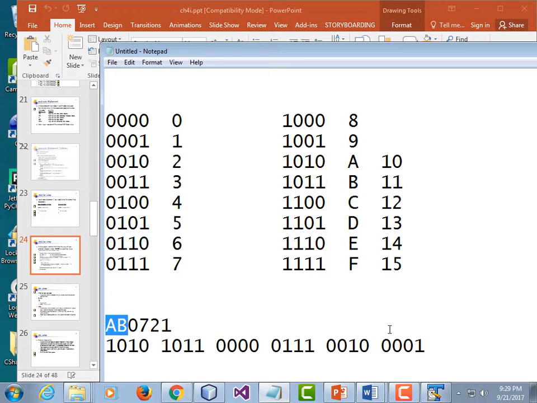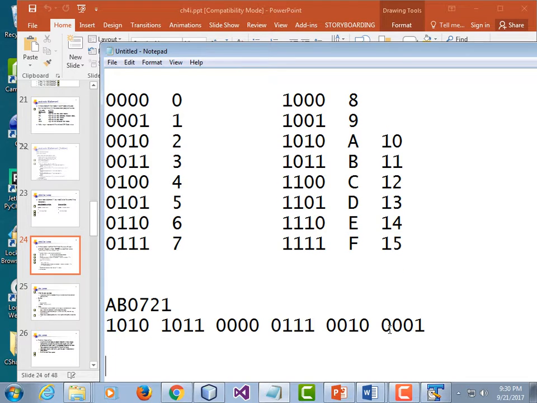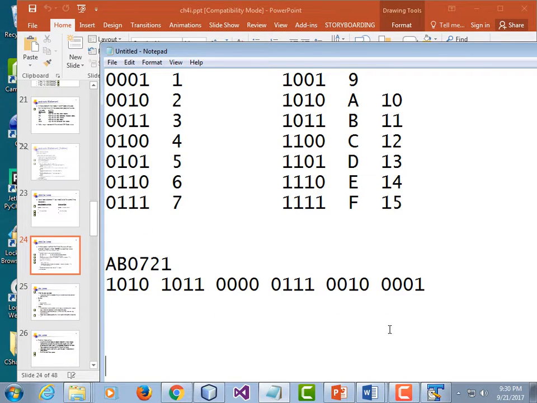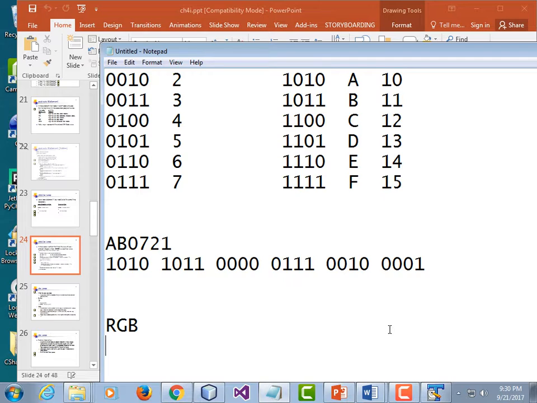And some people express IP numbers, internet IP addresses, as pairs of hexadecimal digits rather than as 255.128.6, whatever. Also, if you've ever used a paint program that did RGB colors, RGB stands for red, green, and blue, and each one of those numbers can be from 0 up to 255.